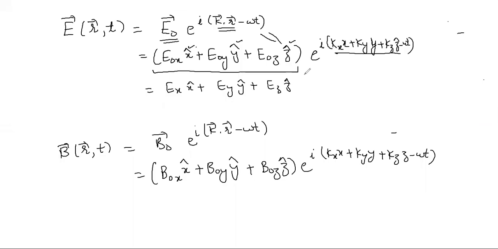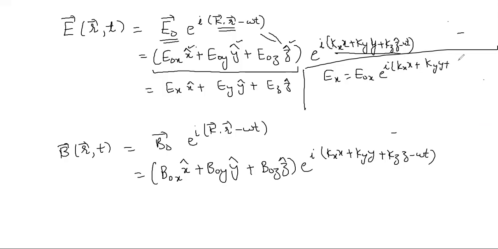Where I'm now claiming that my EX is nothing but E0X multiplied by this exponential term. Similarly, EY is a product of E0Y.